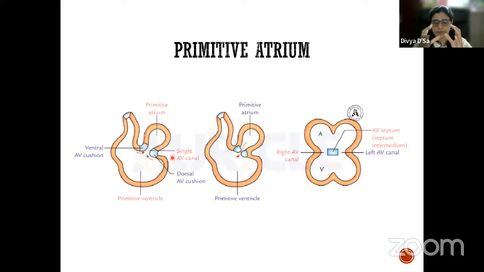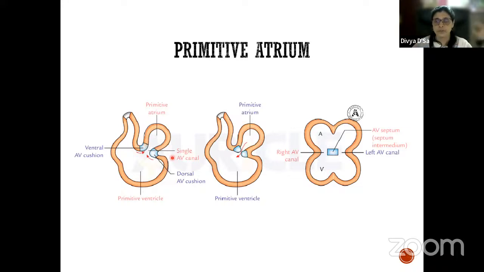Now what will happen from the anterior and the posterior wall? The mesenchymal cells will proliferate and form a cushion, which we call the AV cushion. From the right and the left, they fuse and form the atrioventricular septum. That is the first step. As the name says, it is separating the atrial chambers from the ventricles.